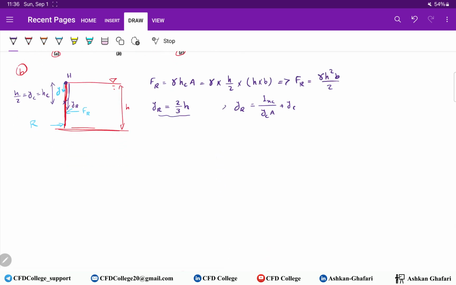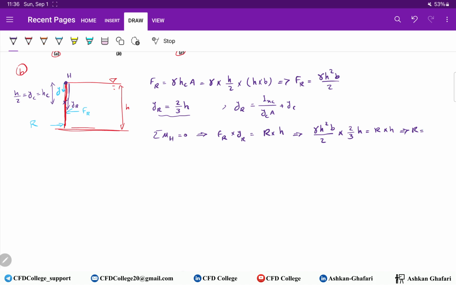Now we look at the hinge, which is here. We have to solve the equation, the summation of moments over the hinge equals 0. We have two forces: Fr times yr equals R times h. So gamma h square b over 2 times yr, which is 2/3 of h, equals R times h.